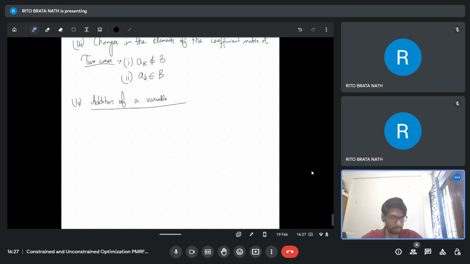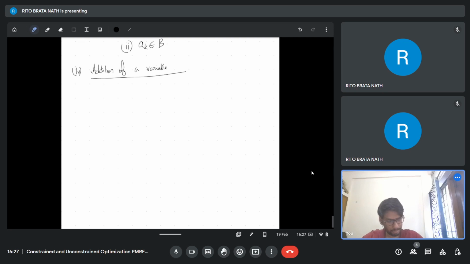Suppose you have max z equals cx plus c(n+1) times x(n+1), subject to A x plus a(n+1) x(n+1) equals b, x greater than or equal to 0, and x(n+1) also greater than or equal to 0.